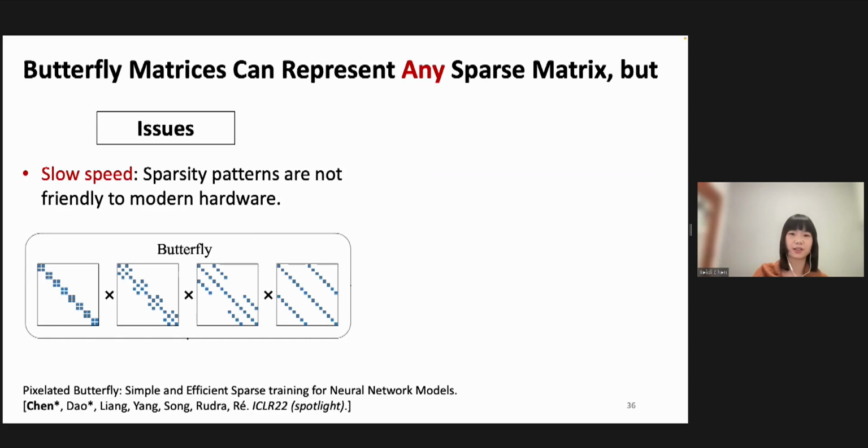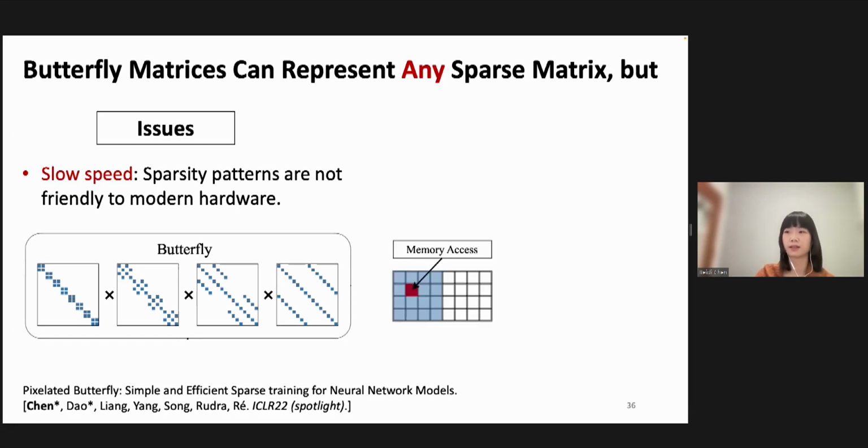So here are the challenges to directly adapt them to modern hardware like GPUs. There are some simple fixes, and we can make it more efficient while still retaining their favorable properties. I can go through them one by one. First, if you take a look at the sparsity pattern, it's fixed and static, but it's not structured. Recall what we showed earlier about memory access.